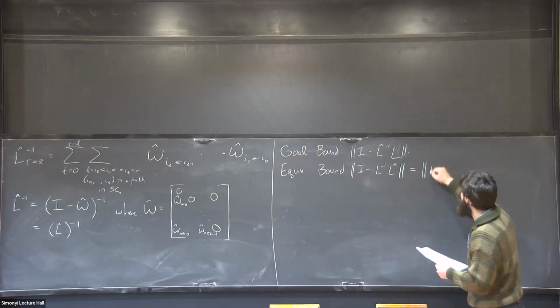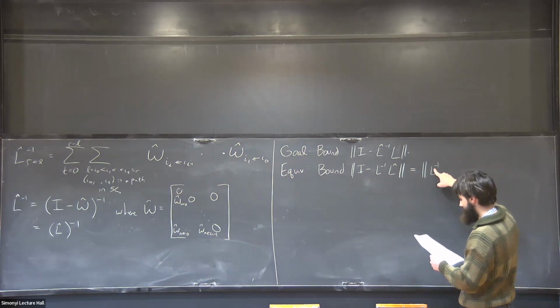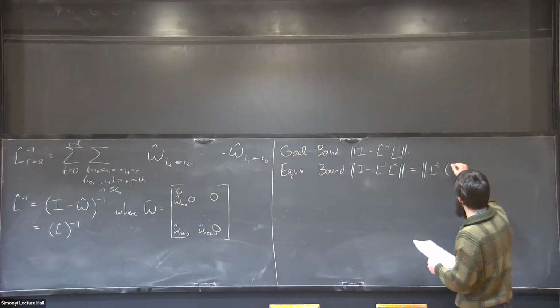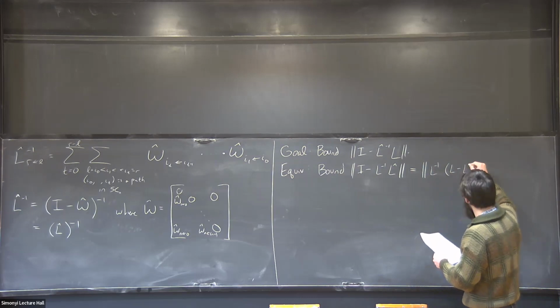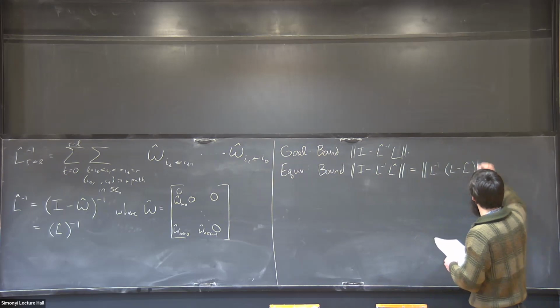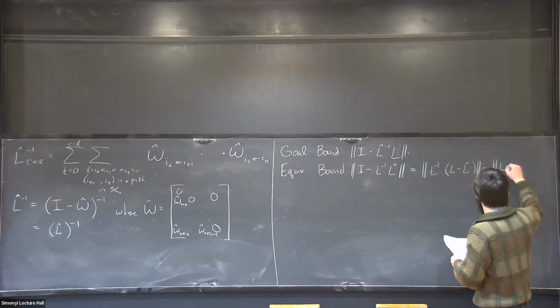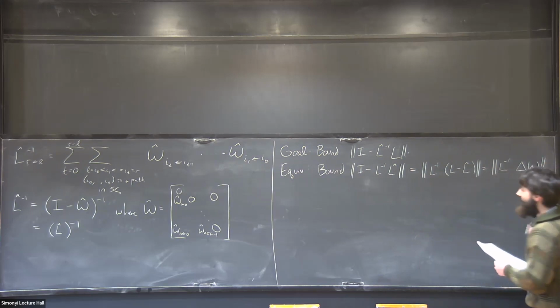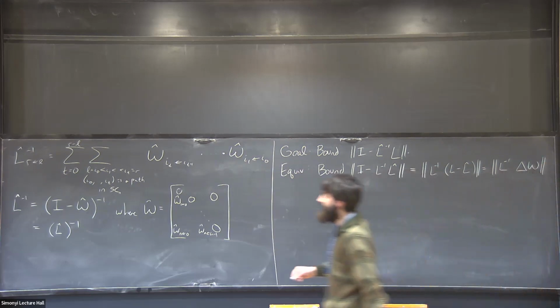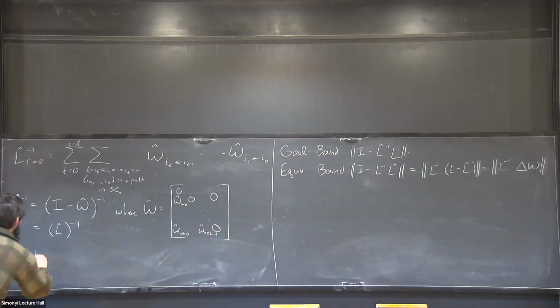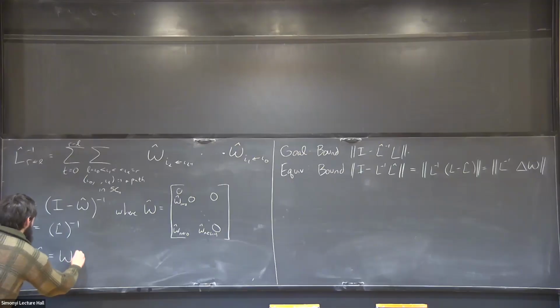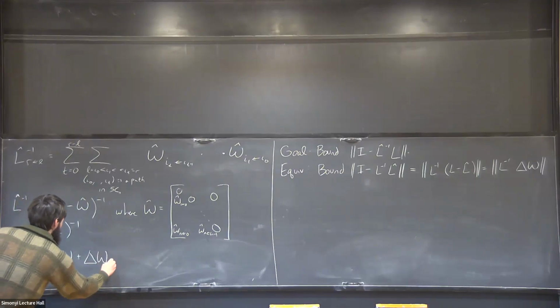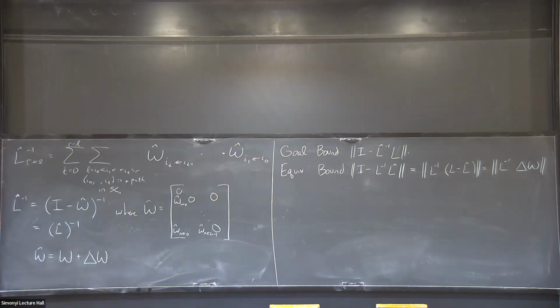So we can write this as L inverse times L minus L hat, which is L inverse times this delta W thing, because W hat here is W plus delta W.